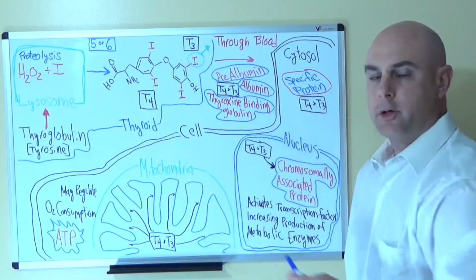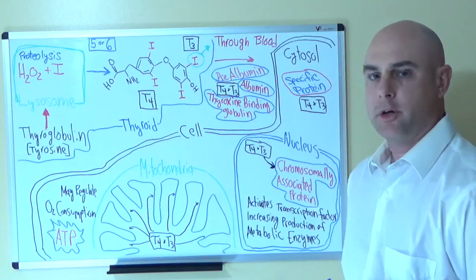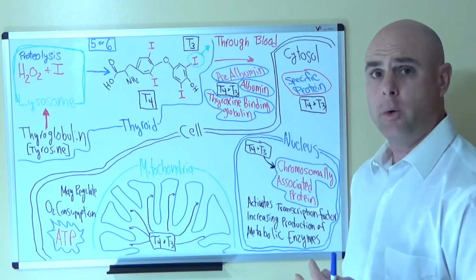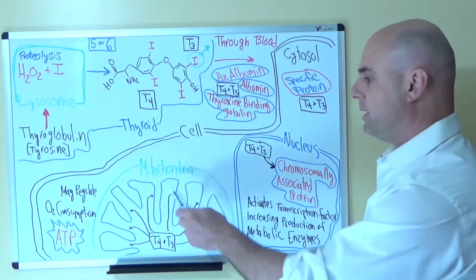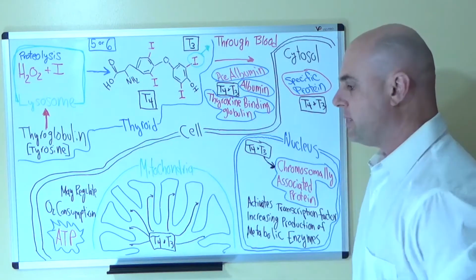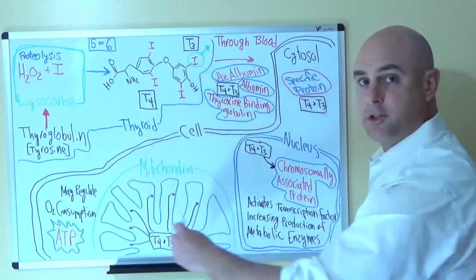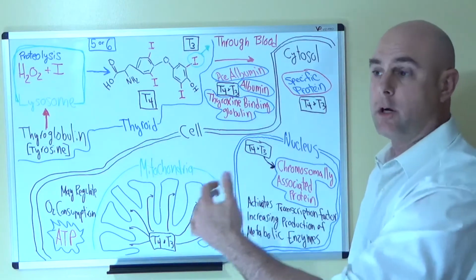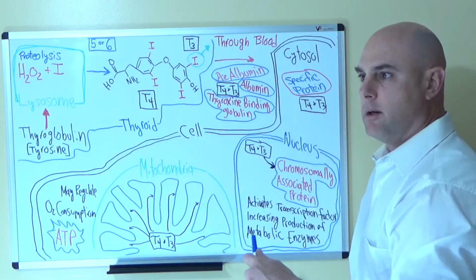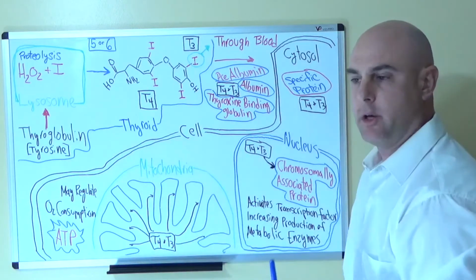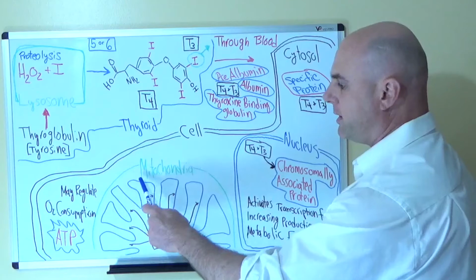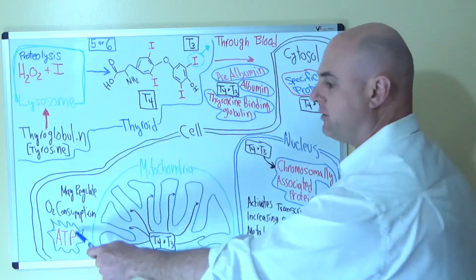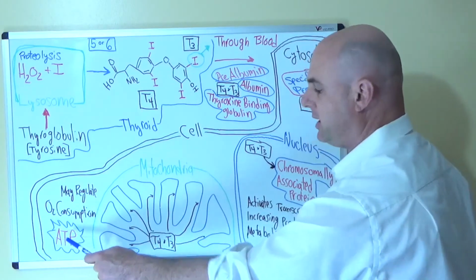Now the other receptor for T4 and T3 happens also in the mitochondria. In my mitochondria part 1 video and my mitochondria part 2 video, I go into the anatomy and also the metabolism that happens in the mitochondria. So this is where a large portion of the metabolism in the body happens in regards to breaking down sugars, fats, and proteins. The mitochondria breaks down sugars, fats, and proteins to yield our energy, which is ATP.